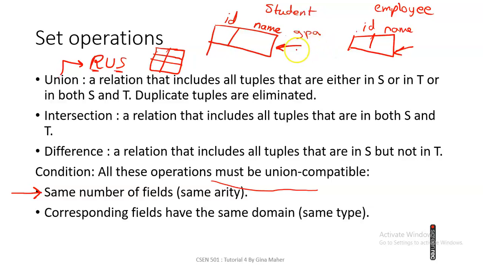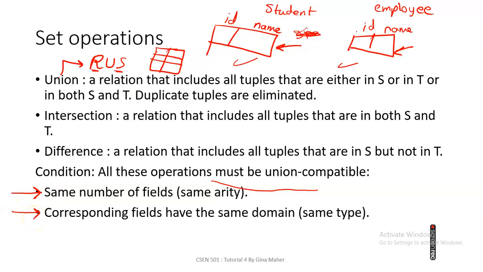So in order for two relations to be union compatible, they should have the same arity, or the same number of fields. Student and employee in this case have the same number of fields. Let's check the second condition.